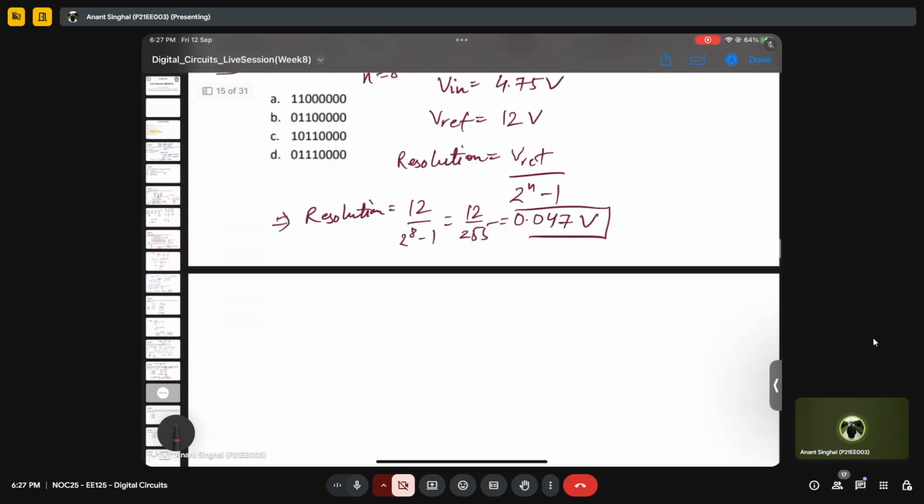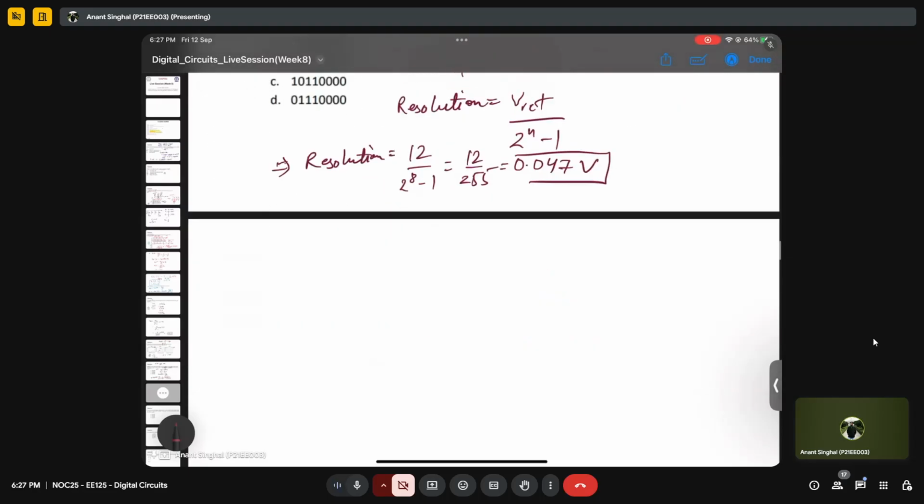Now, how does a SAR ADC work? At the initial clock, which I'm naming clock 0, all the bits are 0. Since this is an 8-bit ADC, we have 8 bits, all 0. This is the MSB and this is the LSB.